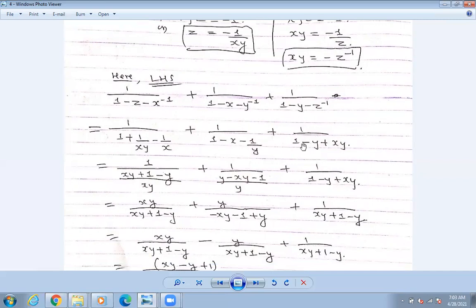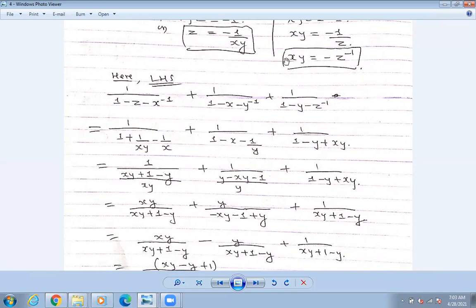Plus, so 1 divided by 1 minus y minus, okay, so z, what is the value of z power minus 1? Okay, we got here z power minus 1 means xy. So we have the value of minus z power minus 1.